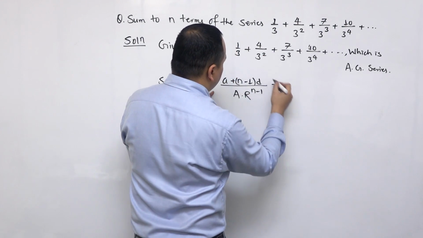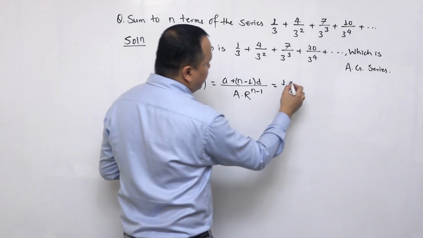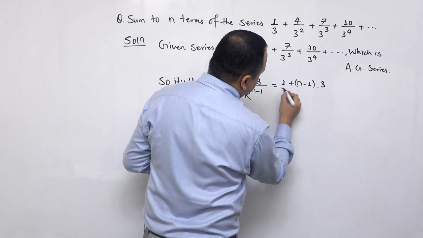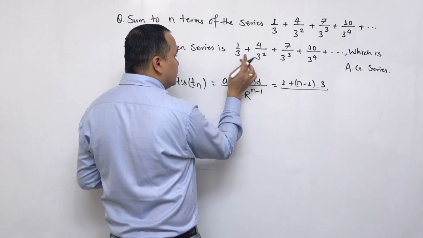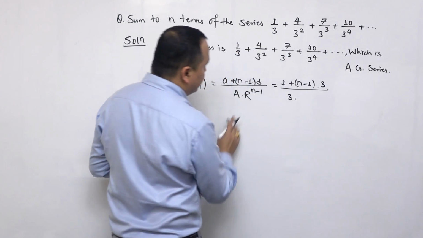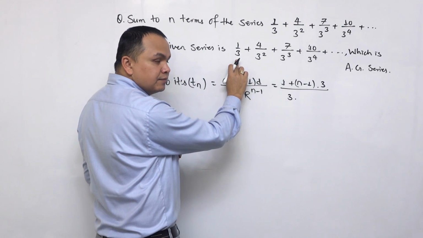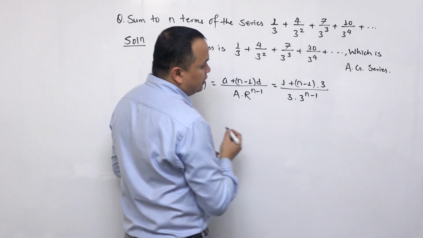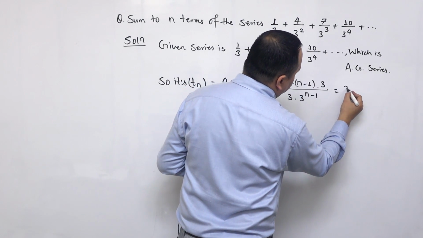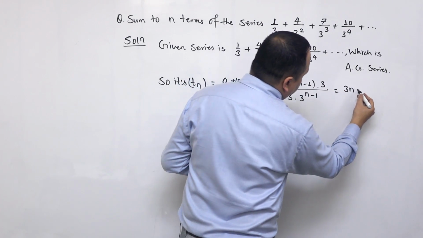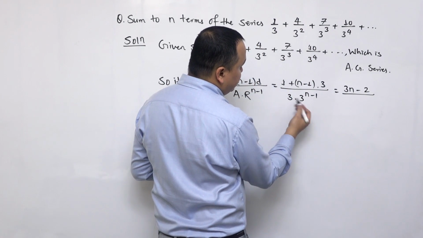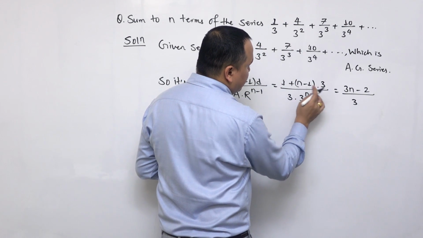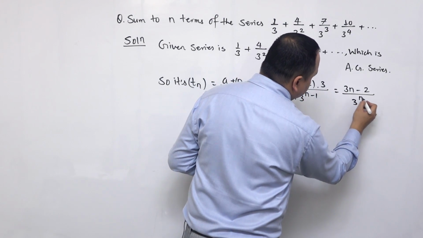So it becomes 1, because a is 1, n minus 1, and d is 4 minus 1, which is 3, divided by a, the first term of GP, which is 3, r is 3 squared by 3, T2 by T1, the common ratio is again 3, n minus 1, and this is 3n minus 1 minus 3 minus 2, divided by law of indices 3 to the power 1 into 3 to the power n minus 1, 3 to the power 1 plus n minus 1, 1 and minus 1 cancel, just 3 to the power n.